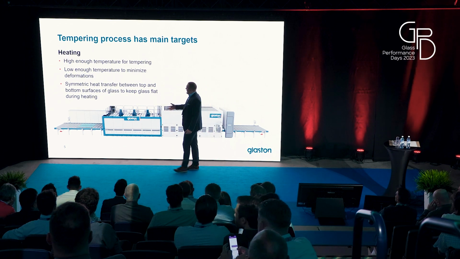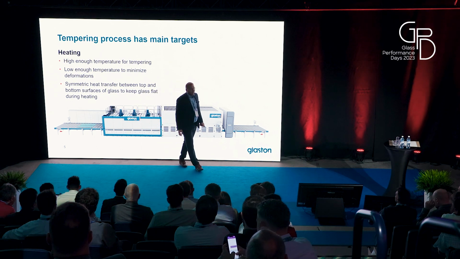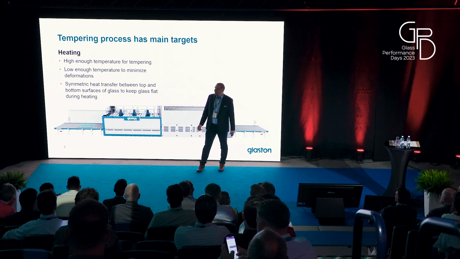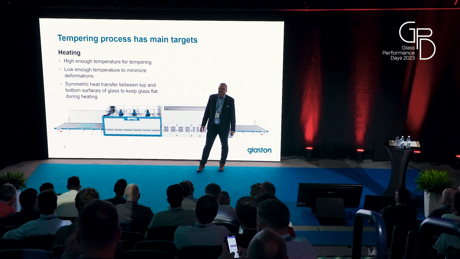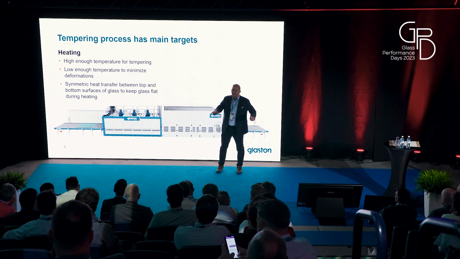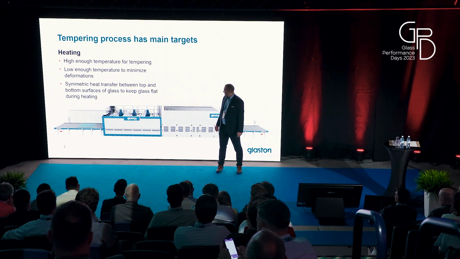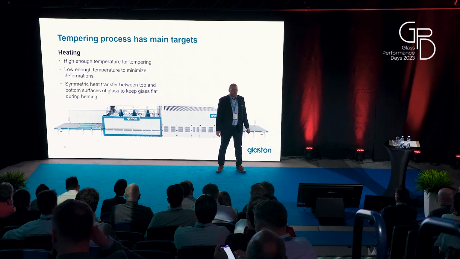And to avoid different kinds of optical defects and other things, you should keep this heating all the time symmetric over the glass thickness, so that when the glass is moving on rollers, it will stay on rollers, and that doesn't cause problems in the overall tempering process.